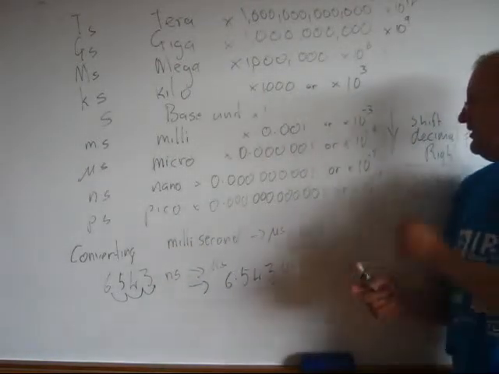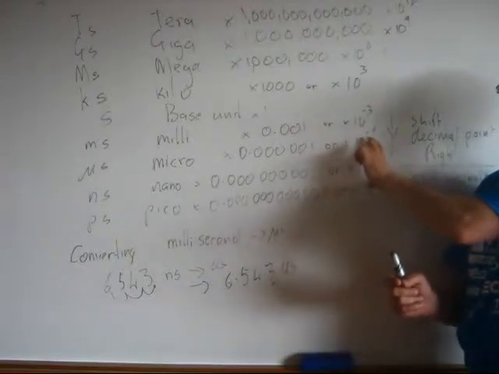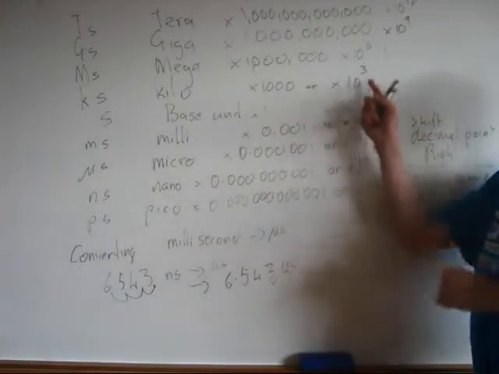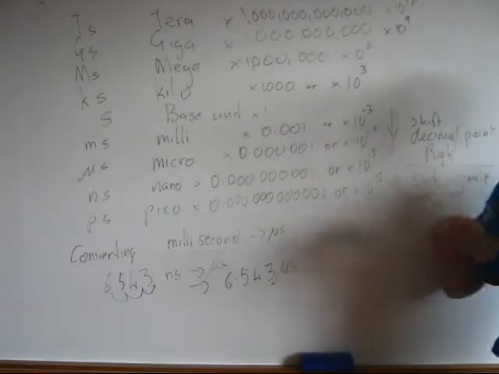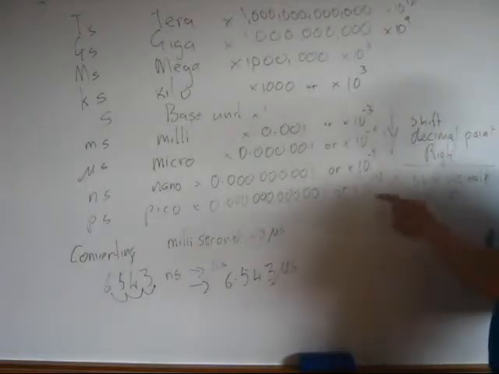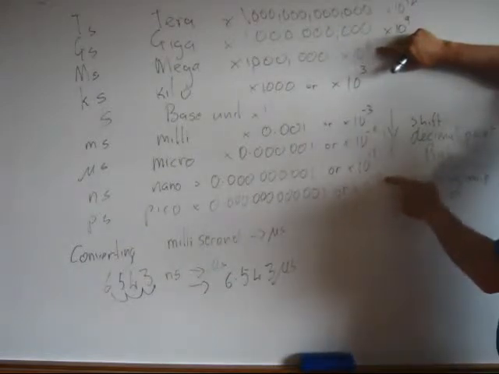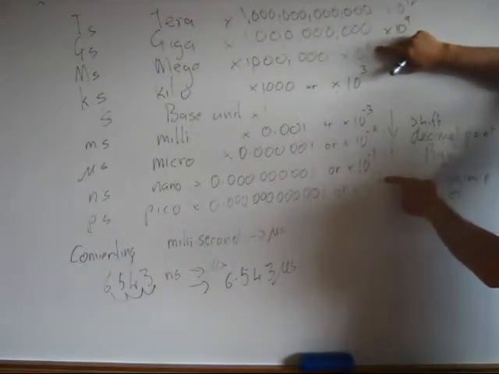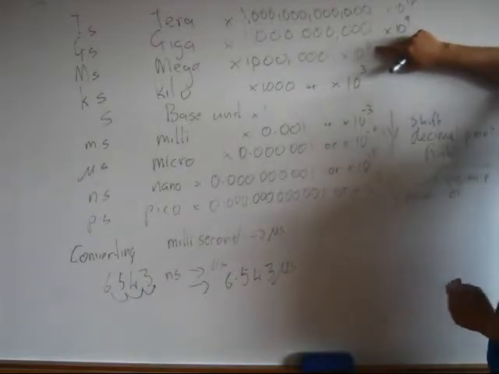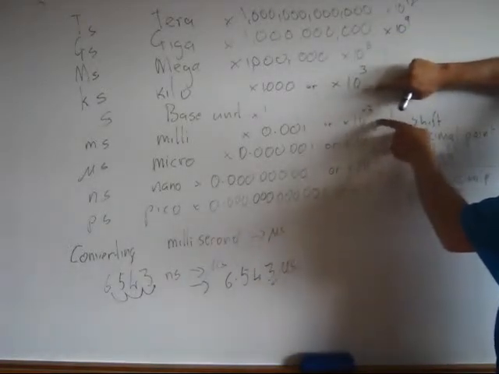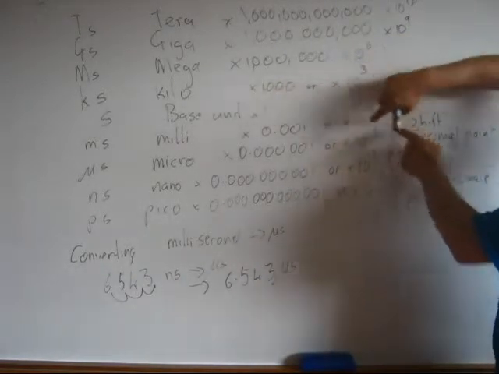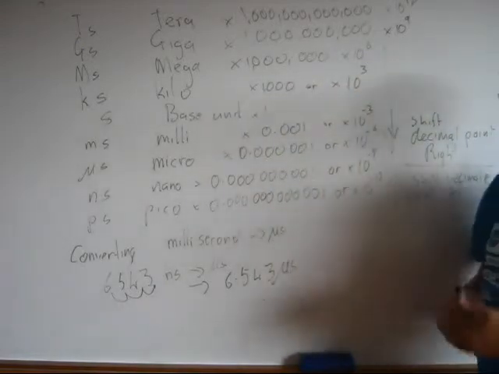And it's the difference between these indices that tells us how many decimal places. So if I'm going from here to here, the difference is going to be negative 12 to negative 6. It's going to be 6 places we're going to shift it. If I'm going from here to here, that would be 3 places.